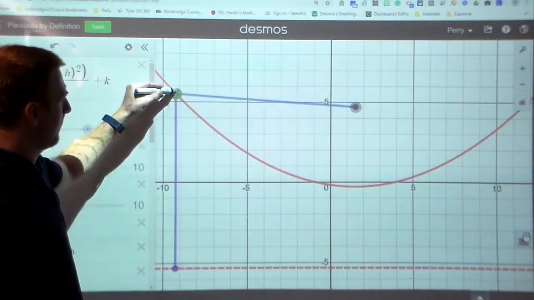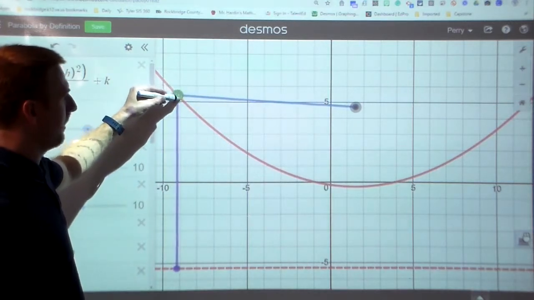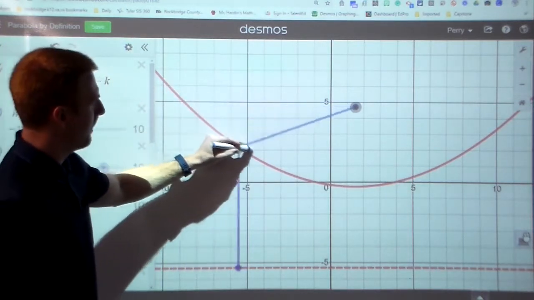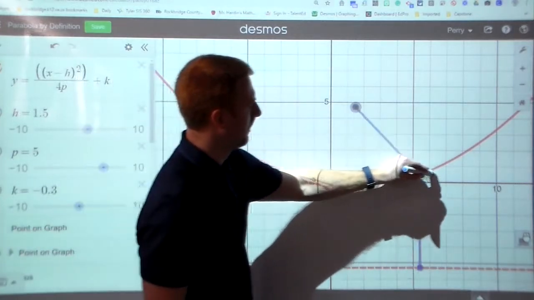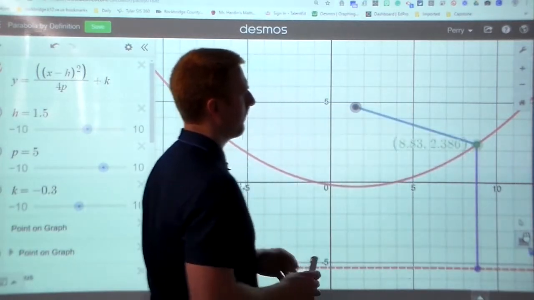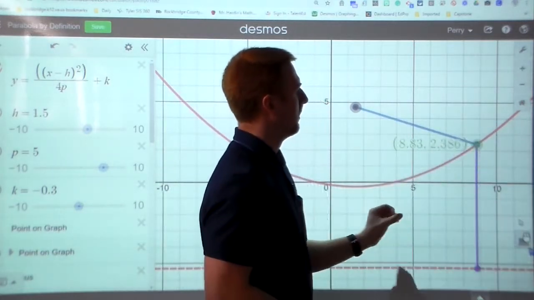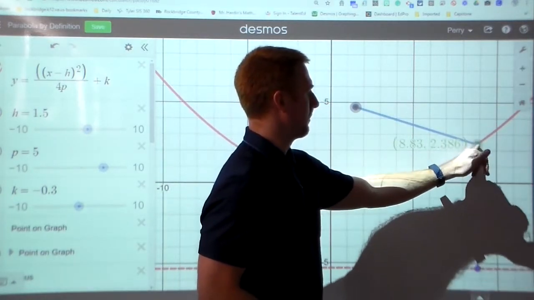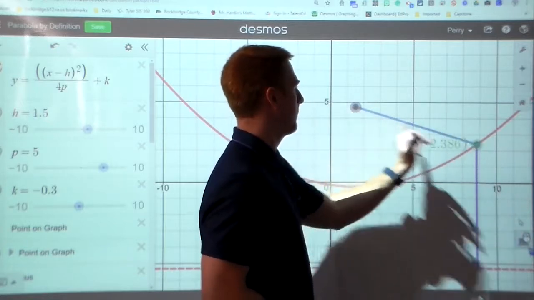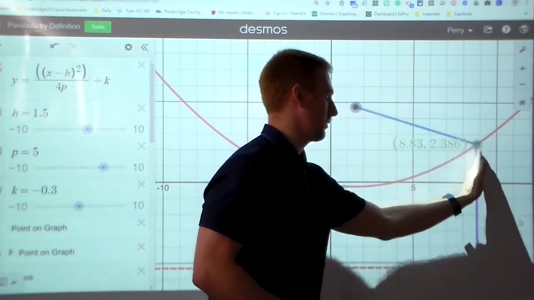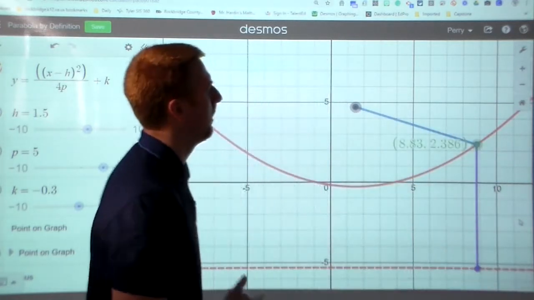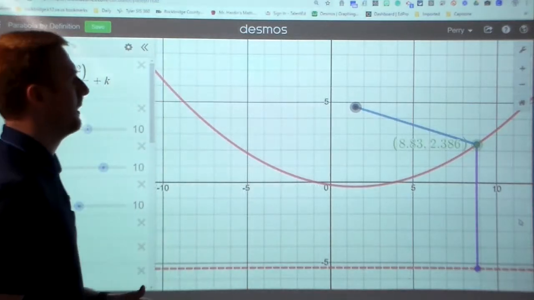If it looks like they're staying the same distance or same length, that's true, they are. And that's how we're going to define a parabola. For any point on the parabola, it's going to be the same distance from that point to the focus and from that point to the directrix, or at least straight down to a tangent to it. So that's where we're going to begin.